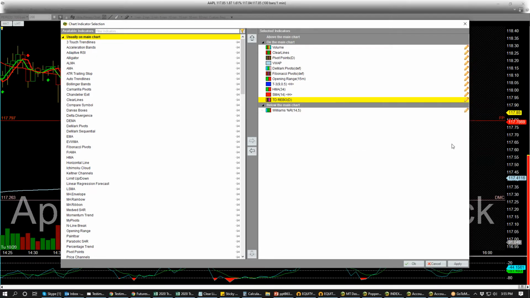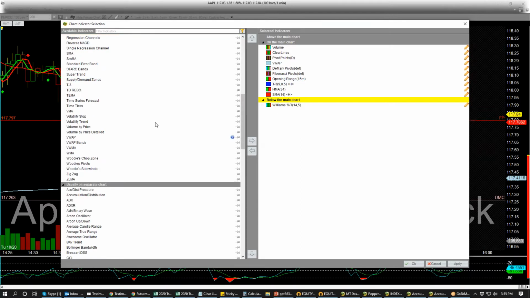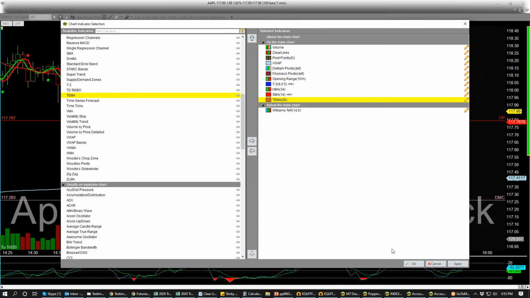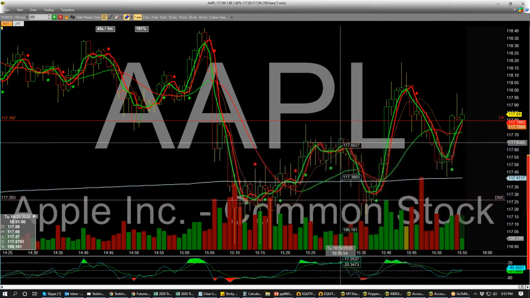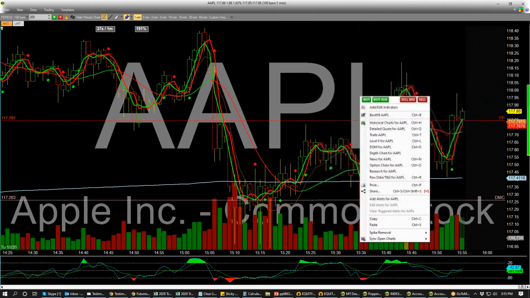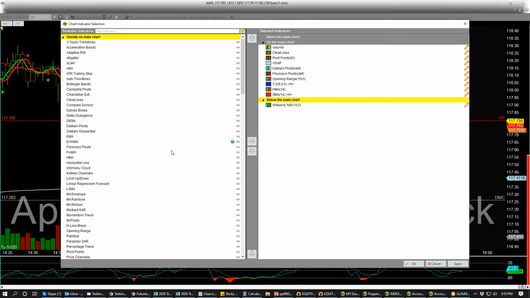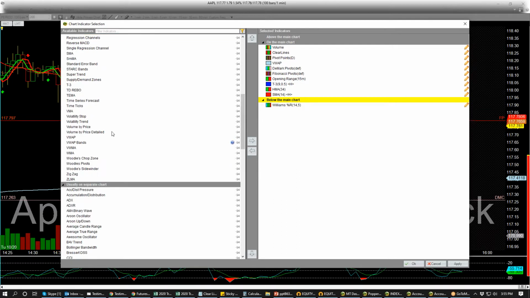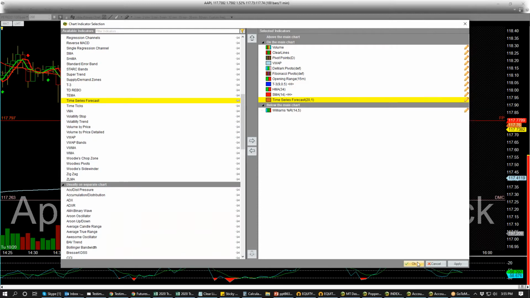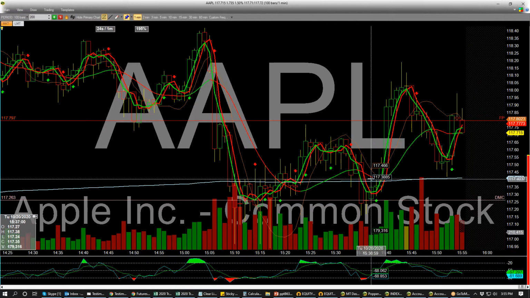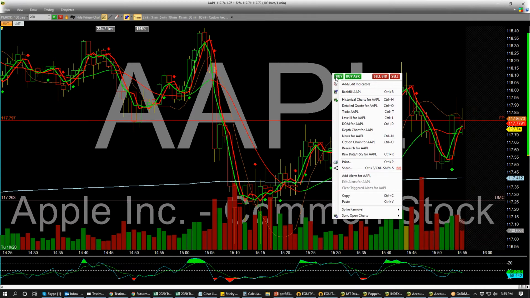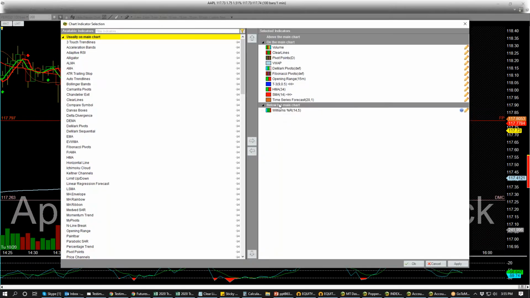Oh, not familiar with that one. TEMA, I think that's another form of an exponential moving average, kind of like a T3. Time series forecast. Is this going to predict the future? No. It just looks like another trend line.